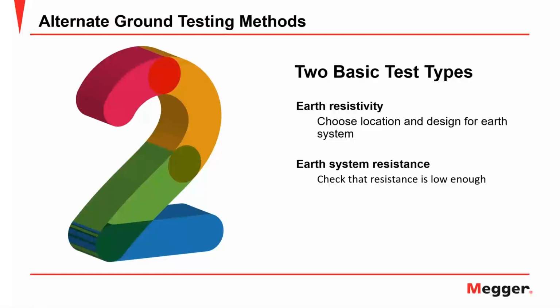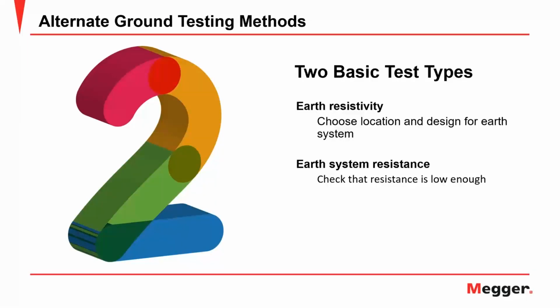We'll start with two basic definitions of testing that you do in grounding and with a ground tester. Resistivity and resistance, two very closely related terms, but with very distinct definitions and applications. So we just want to make a quick mention of those two.